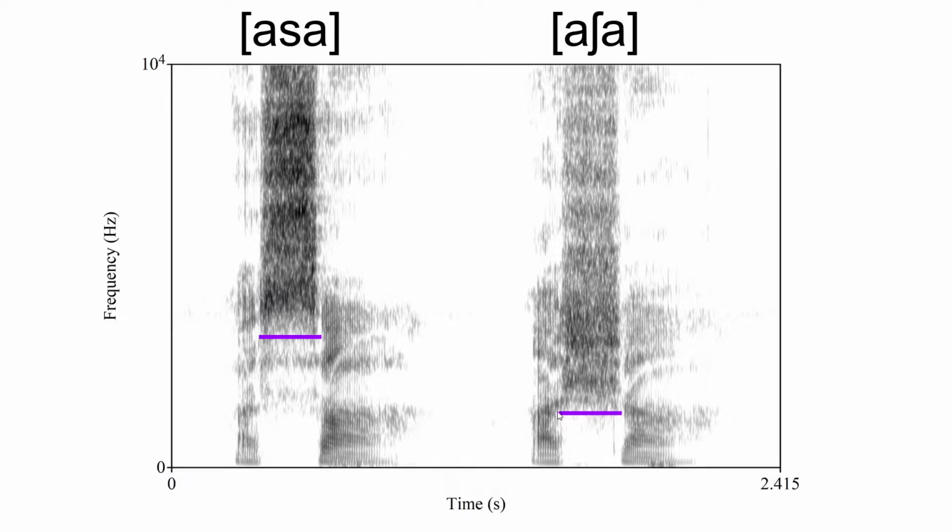Whereas for the sh, the prominent energy starts lower, closer to 2,000 or 2,500 hertz. Okay, so that's distinguishing those sounds. And then we also have a different class of fricatives.